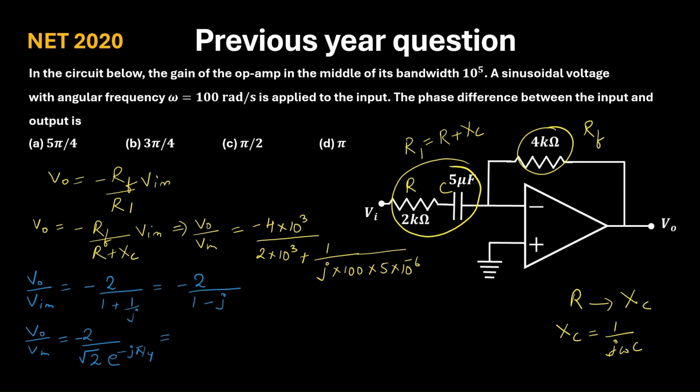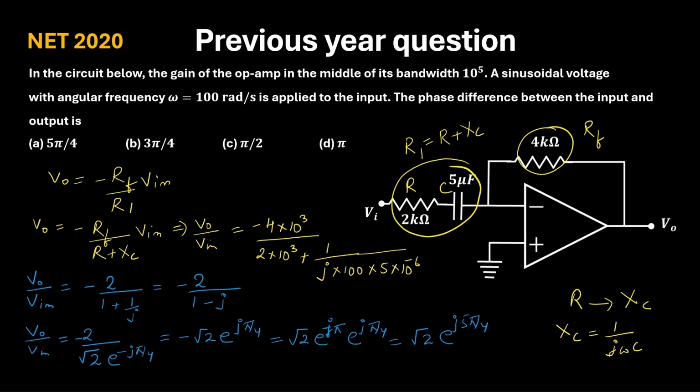So, it will be minus root 2 e to the power J pi by 4. Now, this minus 1 we can express as e to the power J pi into e to the power J pi by 4. So, if I sum the two exponents, then it will be e to the power J 5 pi by 4.